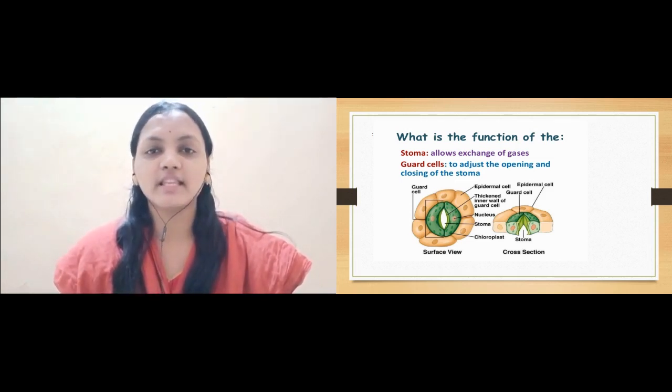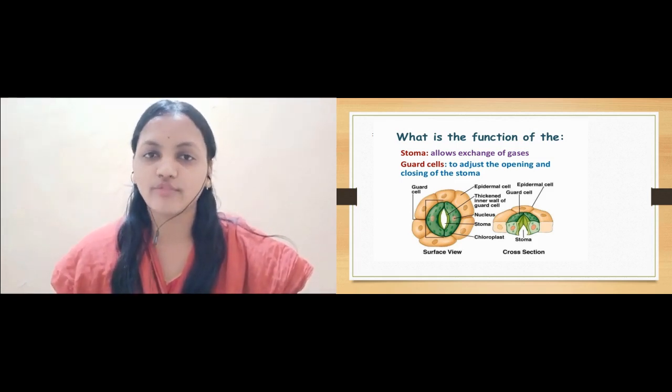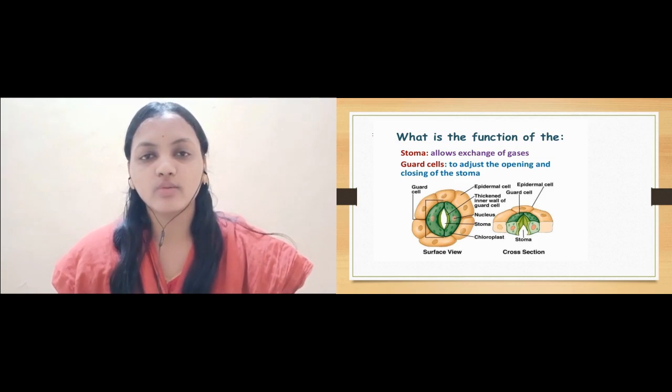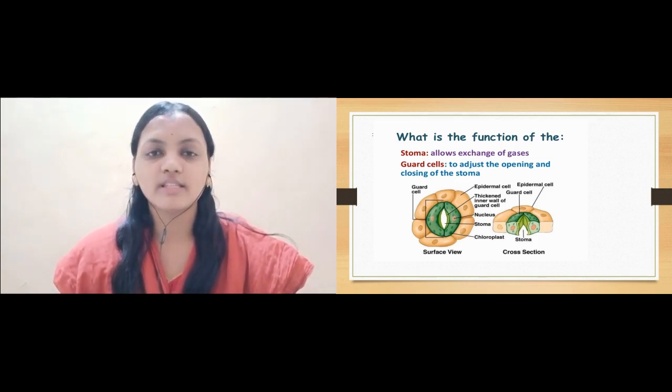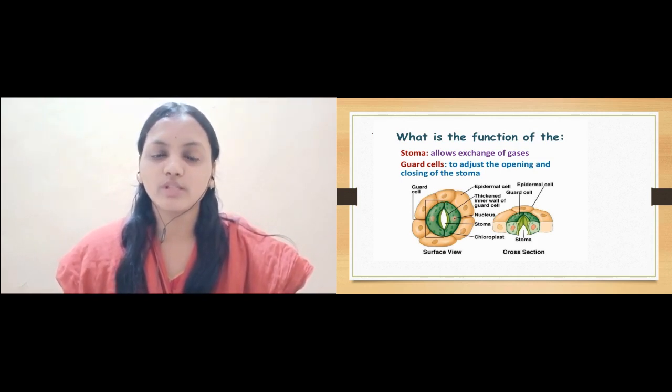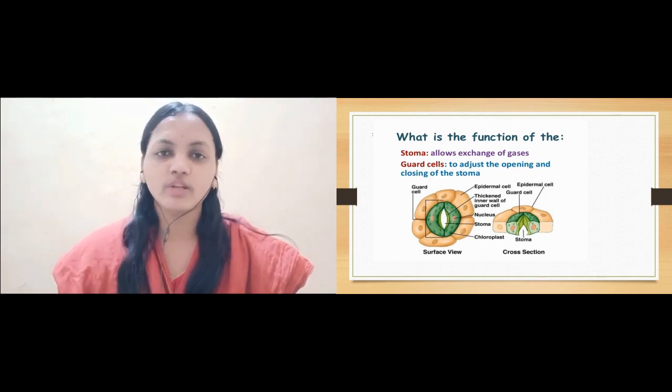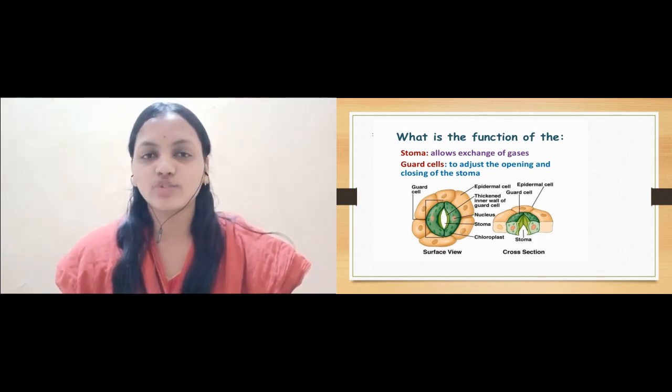This is the first role of stomata, which is exchange of gases. What is the second role? The second role is that whatever droplets are going to form during the process of photosynthesis, the water droplets are also given out through these stomata.